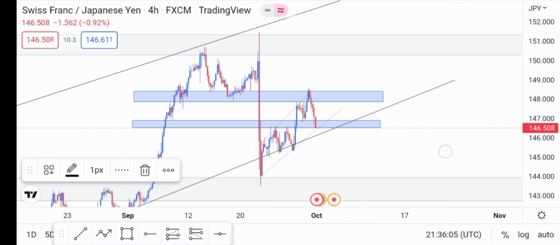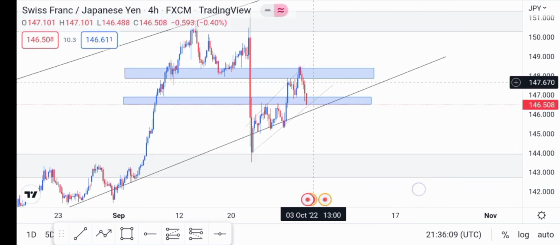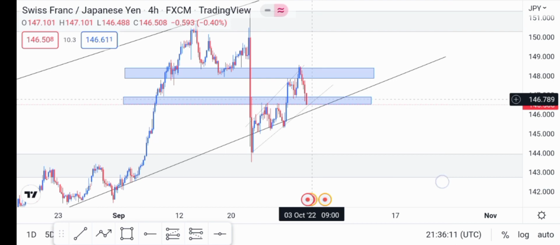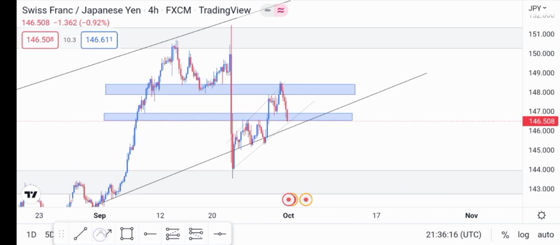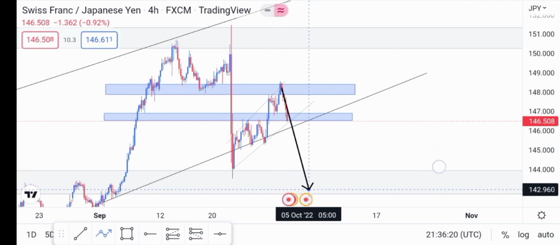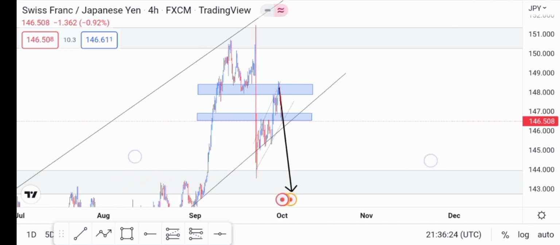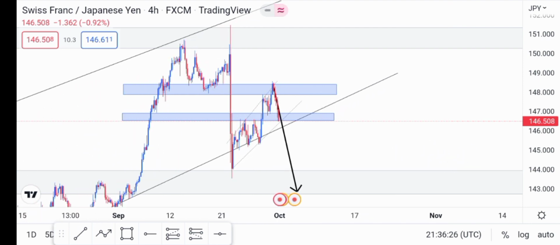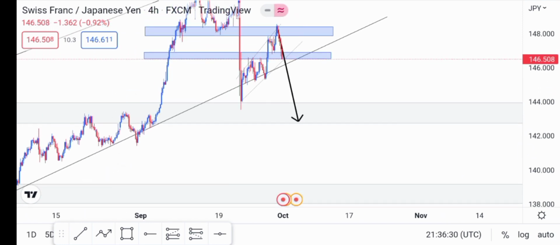Okay, so as you can see, we have a beautiful flag formation happening right over here. So we know if this is a flag, we should anticipate a push to the lower side. So due to this rising wedge and flag that I'm seeing here, we could say you're going to push to the lower side with this pattern.